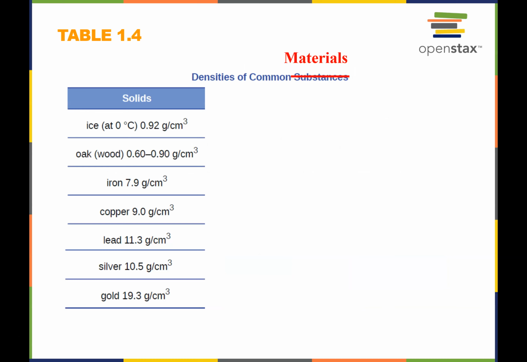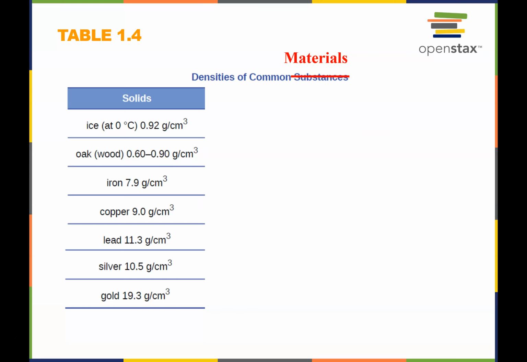So I have some, actually, I don't know what your slides say, but the title of this table should be densities of common materials, not substances. The biggest thing, remember what a substance is? Substance and pure substance are synonyms. So a substance is either an element or a compound.